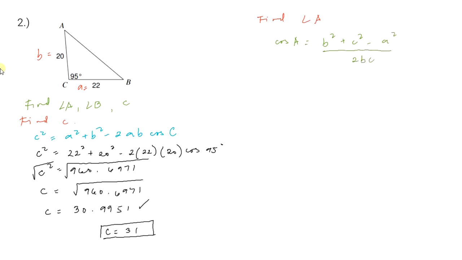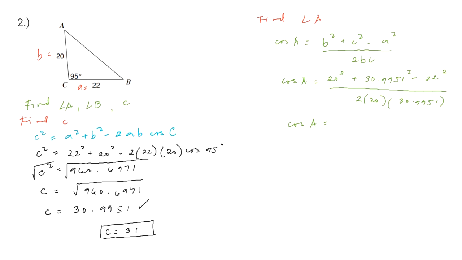Let's substitute. Cosine of angle A is equal to, our B is 20, so 20 squared plus our C, which we will use up to 4 decimal places, 30.9951 squared, minus our A, 22 squared, all over 2 times our B, 20, times our C, 30.9951.